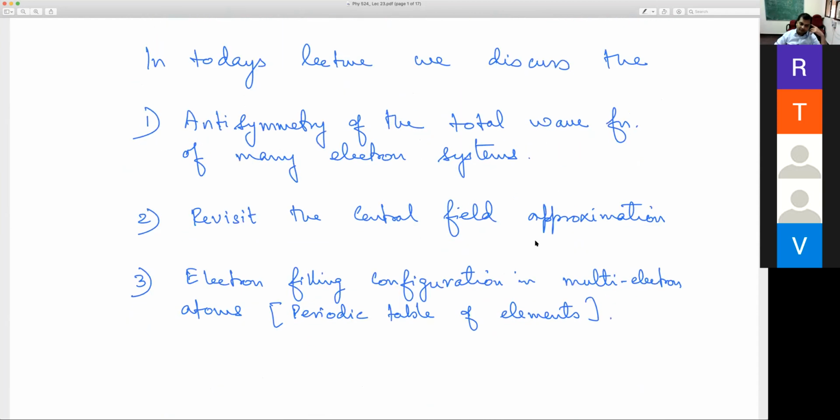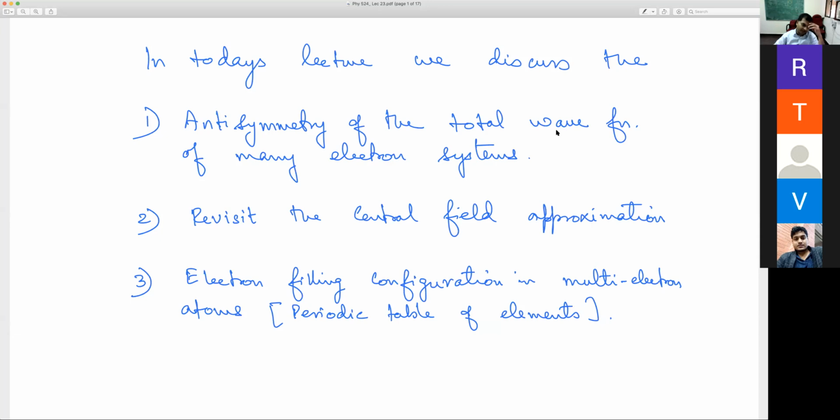Today we will continue from there, and explore the antisymmetry of the total wave function of multi-electron systems, which is related to the Slater determinant. Then we connect this Slater determinant to the central field approximation, and do a few problems related to the variational problem that we did.